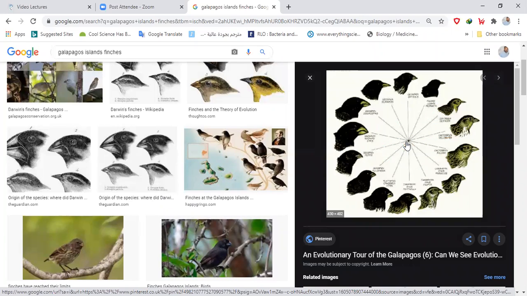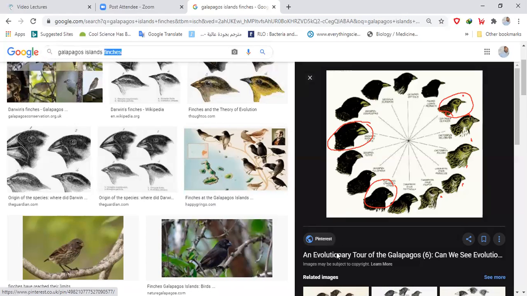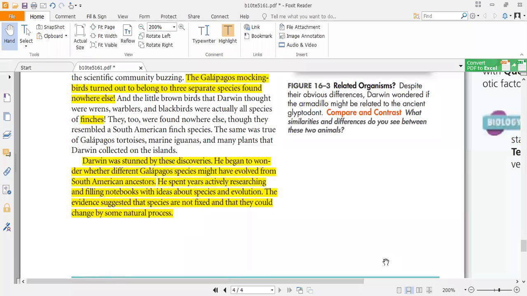He collected samples and saw that these organisms, all different birds, one bird like this, one bird like that, and another one like that, they look different, but actually they are all considered finches. Now he is starting to put the pieces together.